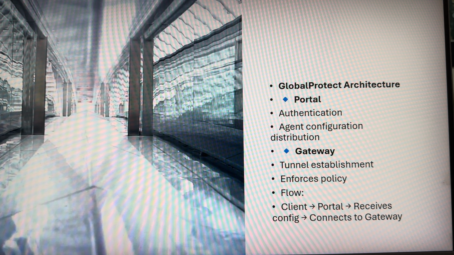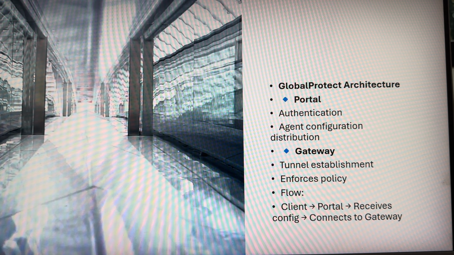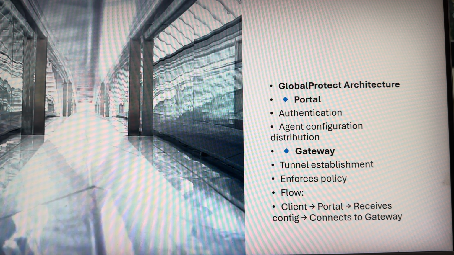GlobalProtect architecture: portal handles authentication and agent configuration distribution; gateway handles tunnel establishment and enforces policies. Flow: client connects to the portal, receives config, connects to the gateway.